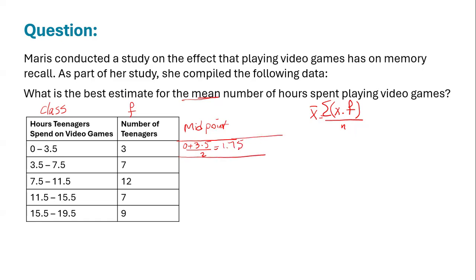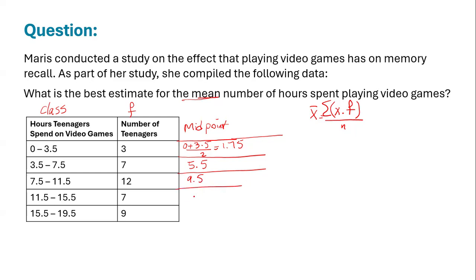For the next class, I need to add 3.5 and 7.5 and then divide it by 2. So 3.5 plus 7.5 and then divided by 2, which is 5.5. Next class, 7.5 plus 11.5 divided by 2, which is 9.5.